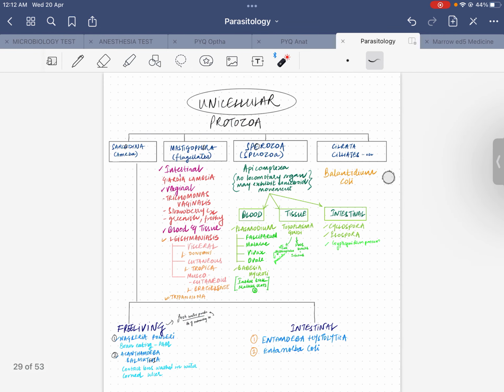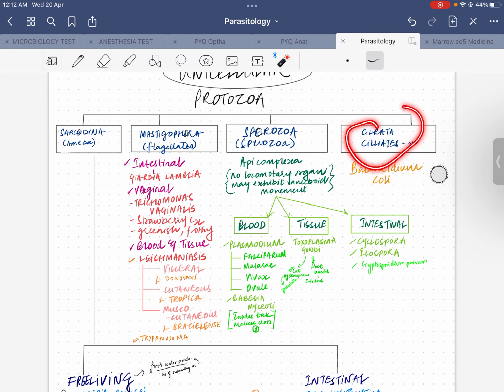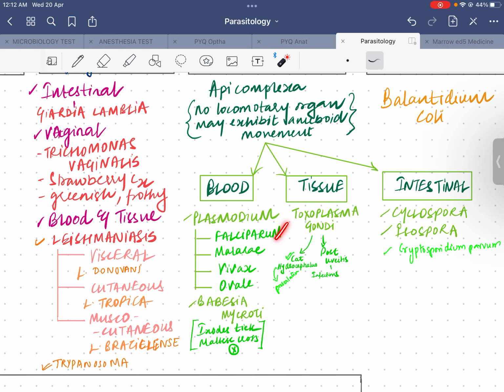So let us go to the table and see. In ciliates, we have only Balantidium coli. In sporozoa, you have blood sporozoa, which includes Plasmodium falciparum, malariae, vivax, ovale, and you have Babesia microti. For tissue sporozoa, you have Toxoplasma gondii. What is the presentation of Toxoplasma?